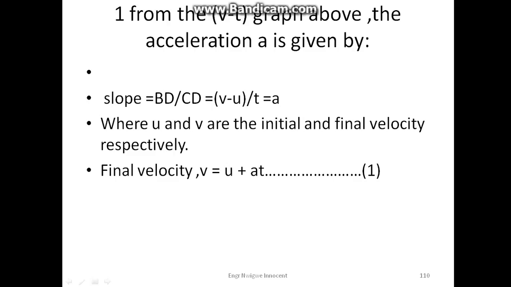s, or the distance, is the area of the trapezium OABC.